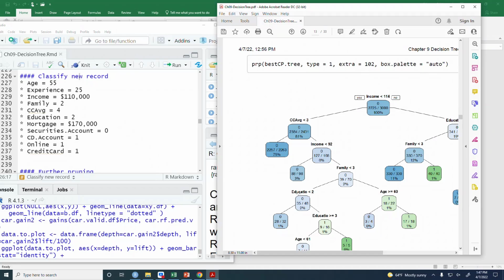And the next is education. Education is equal to 2. Less than 2, you will go to the left side, but greater than or equal to 2, you have to go to the right side.